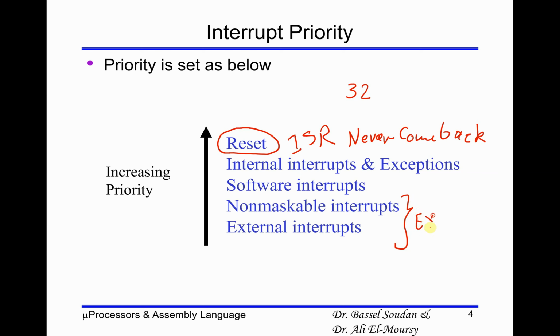So those are the external interrupts, while the internal interrupts and the software ones are the internal ones. Definitely the reset is external as well, but it has the highest priority. That's why we put it first. The priority of interrupts is: the reset, then the internal, the software, the non-maskable, and the external.